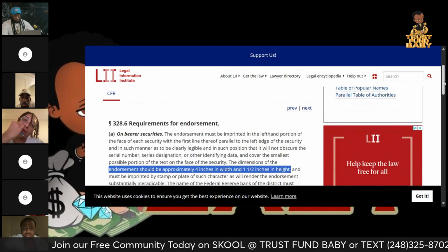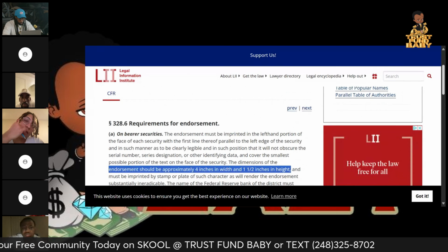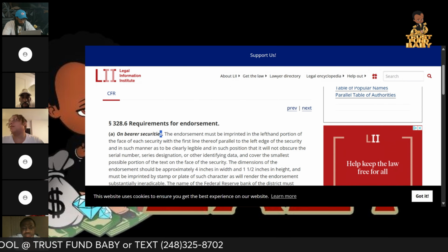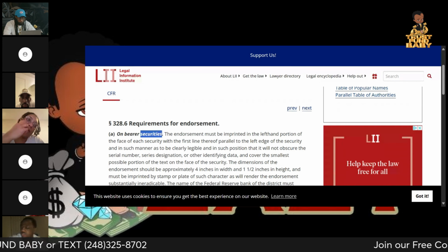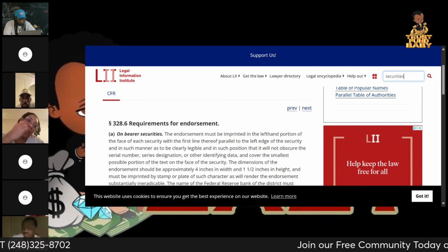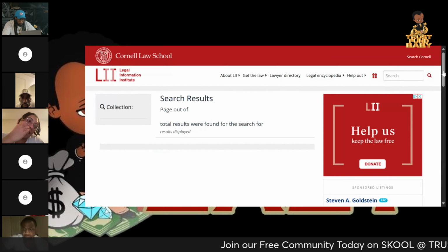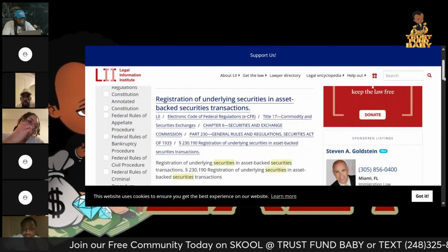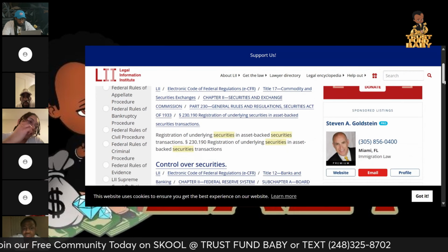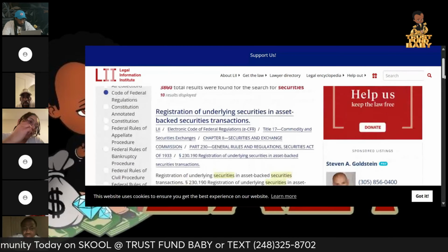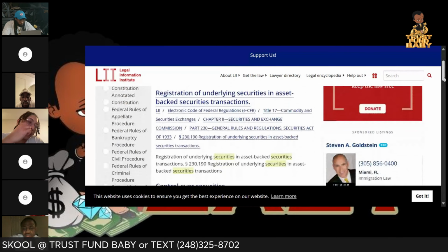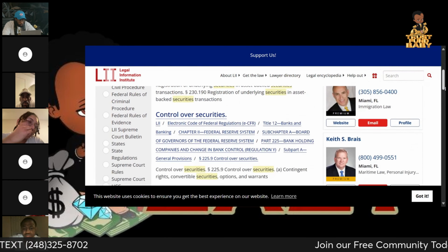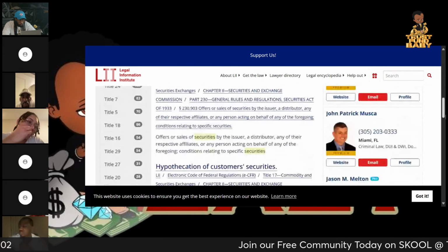So, do we know what a security is? Does everybody know this? Let's look up what a security is. Registration of underlying security assets backed by security transactions, control over securities.